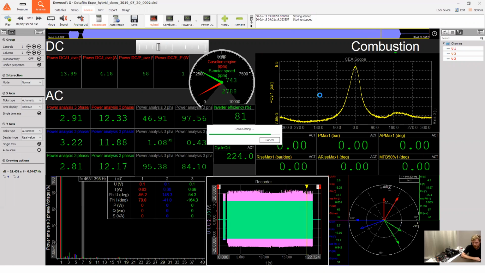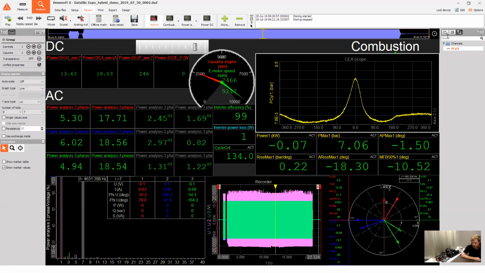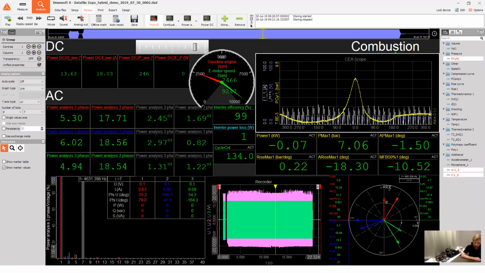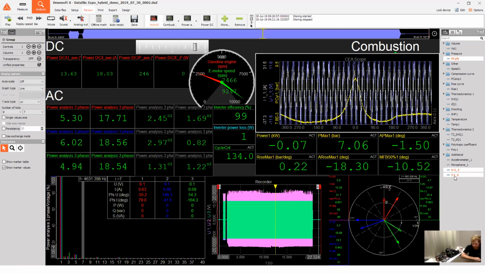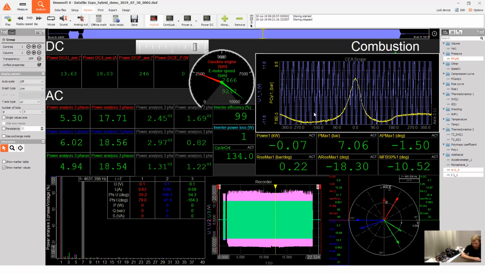So the benefit is that we can now add voltage and current channels to the power analyzer, and we can see how this looks in the angle domain. Let's maybe leave just the voltage channel.